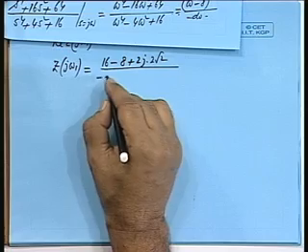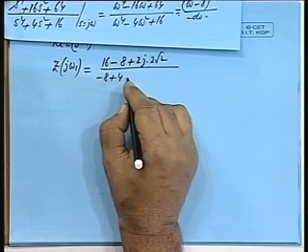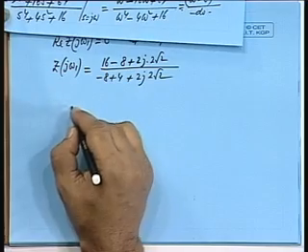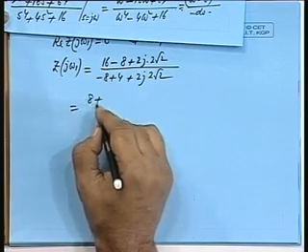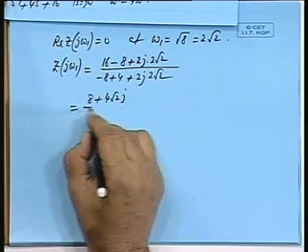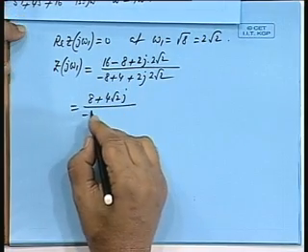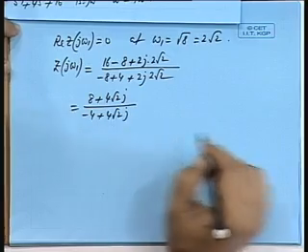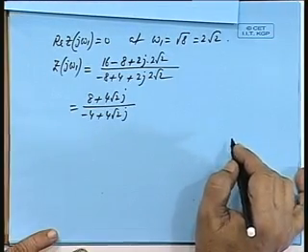So, minus 8 plus 4 plus 2j 2 root 2. So, that gives me 8 plus 4 root 2 j divided by minus 4 plus 4 root 2 j. Is that okay?